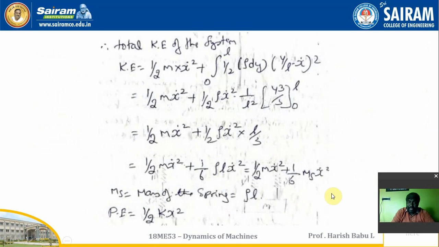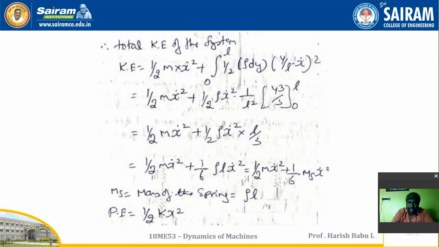Therefore, the total kinetic energy of the system, including the mass, is KE equals half m x dot squared plus, to calculate the overall kinetic energy of the spring, I have to integrate with the limits from 0 to L, the overall length.